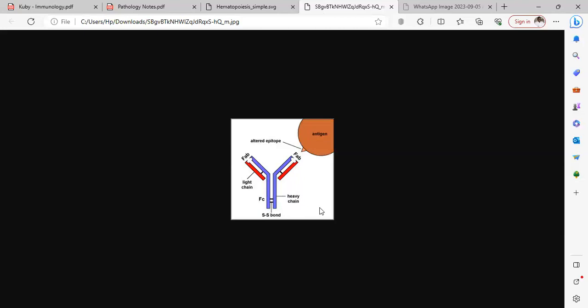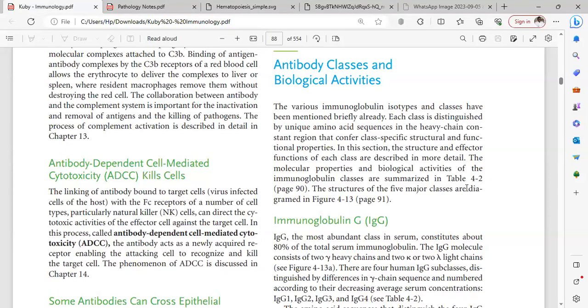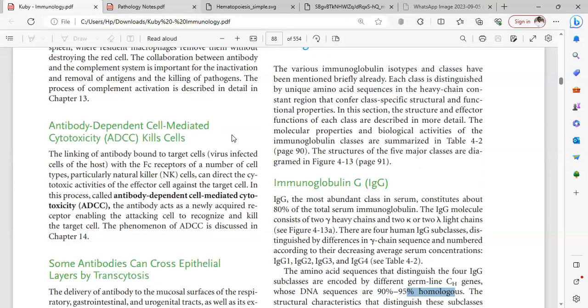Keep this diagram at the back of your mind, so you know where the Fab portion is, the Fc, the heavy chain, and the light chain. So we have different classes of these immunoglobulins. We have IgG, and each class has different properties. Let me first go into the notes.